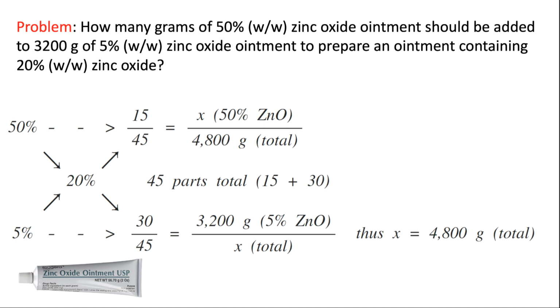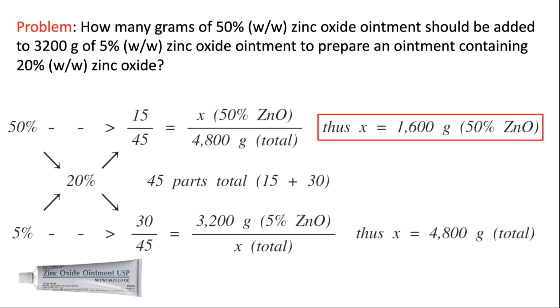So now I can set up that proportion and say that 15 over 45 is equal to some unknown X amount of the 50% zinc oxide over the total, which I now know to be 4,800 grams. Since I know the 4,800 grams is the total, I can solve for X by taking 15 times 4,800 and then dividing by my 45. Therefore, X is equal to 1,600 grams, and that X represents the weight of the 50% zinc oxide.